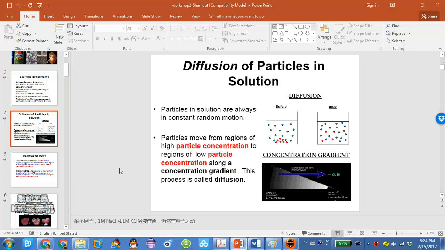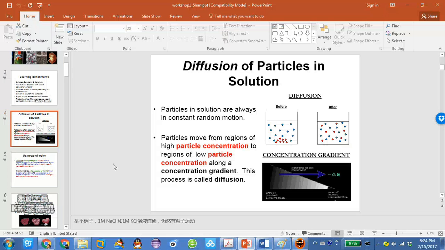The first one is called diffusion. Diffusion refers to the net movement of particles from a high particle concentration region to a low particle concentration region. Note that every time I refer to the direction of diffusion, I'll say high particle concentration to low particle concentration.